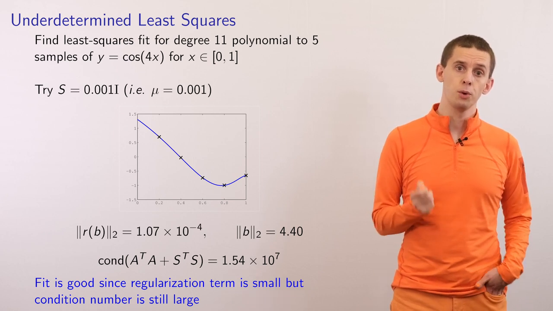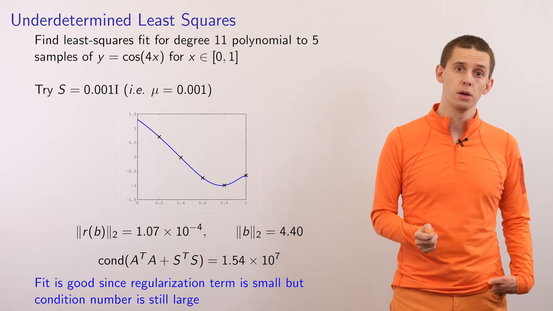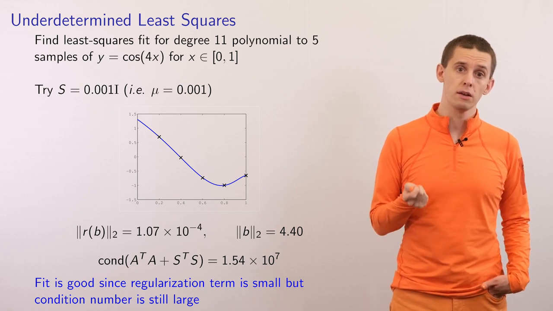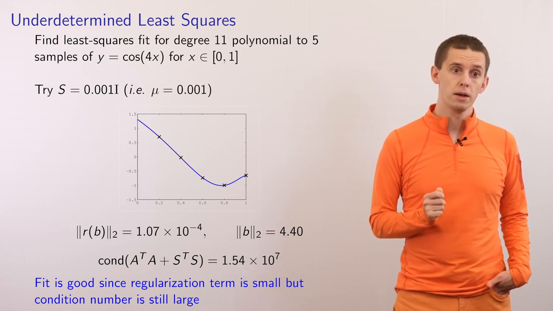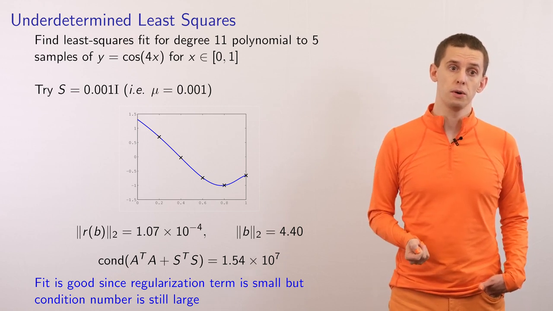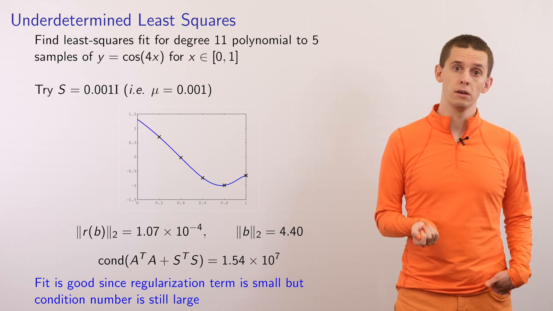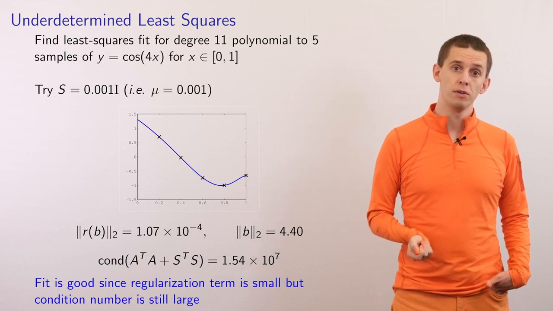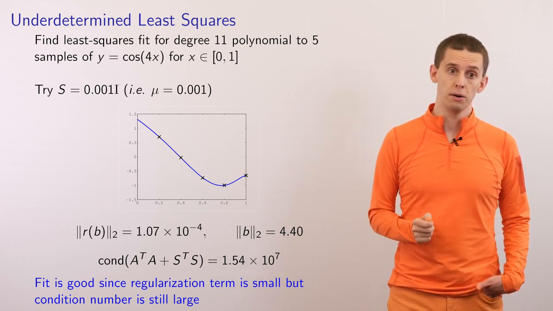So indeed, if we plot the resulting polynomial, we see that it goes very closely through our data points. And the residual, in this case, is around the scale of 10 to the minus 4. And in this case here, the magnitude of our parameter vector is around 4.4.